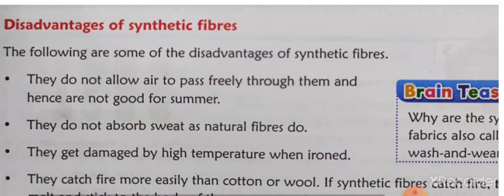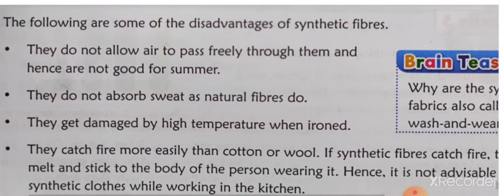What are the disadvantages? They do not allow air to pass freely through them and hence are not good for summer. In summer no passage of air will be there, so itching and sweating cannot be cleared.